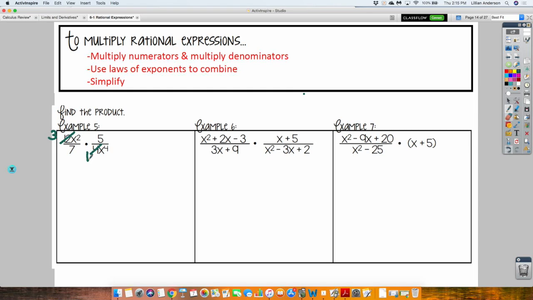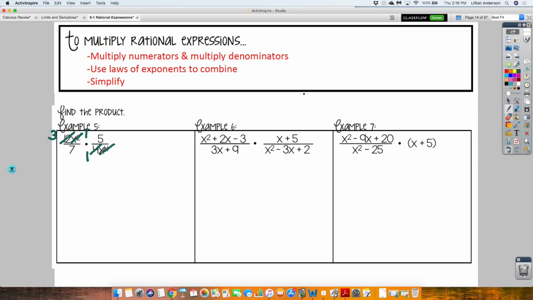Can 5 go into 7, or is there something that 5 and 7 can both go into? Nope, other than 1. What about x squared on the top and x to the 4th on the bottom? x squared can go into both of these. x squared goes into x squared one time, and x to the 4th divided by x squared is what?